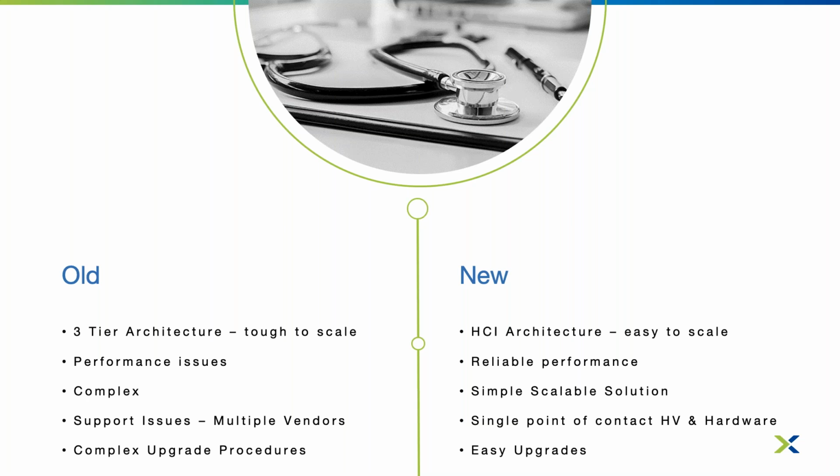It's just a case of putting them in the racks and expanding the clusters, and everything else works from there. You can then increase your delivery groups. We had performance issues and bottlenecks on the old platform, which we don't have anymore. There are fewer teams to talk to, fewer places for things to go wrong. We went from a complex to quite a simple, scalable solution, which is good.